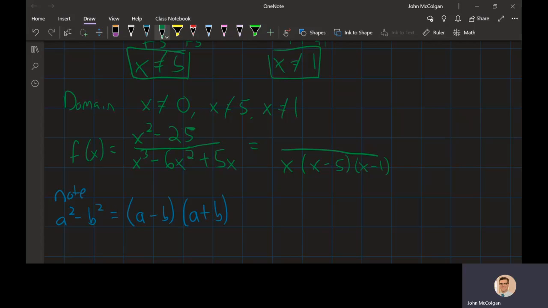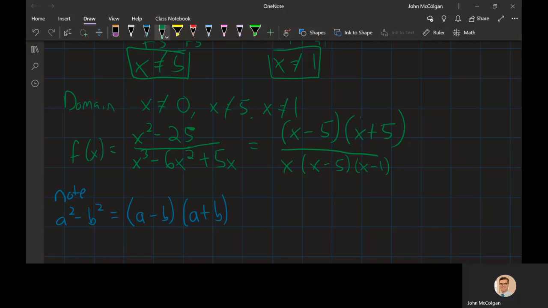But the point is that this numerator factors into x minus 5 and x plus 5. And I know this because this first term, this x squared, is going to be my a. And this 25 here, that's 5 squared, so that's going to be my b, and this is how it factors.